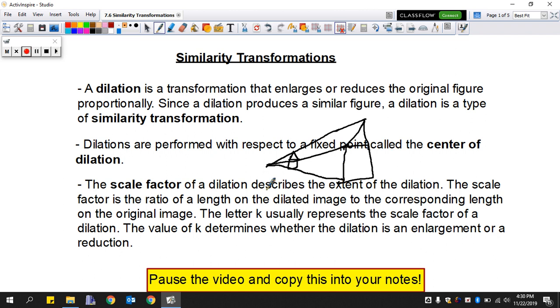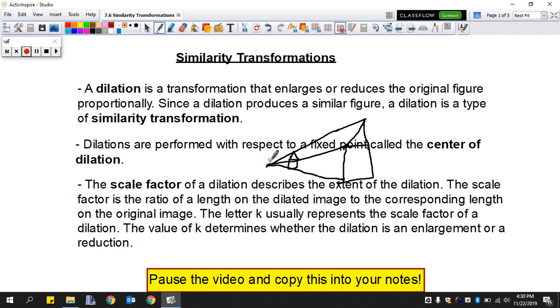Okay, so anyway, the scale factor of a dilation describes the extent of the dilation. The scale factor is simply the ratio of the length on the dilated image to the corresponding length on the original image, and the letter K usually represents the scale factor of the dilation.